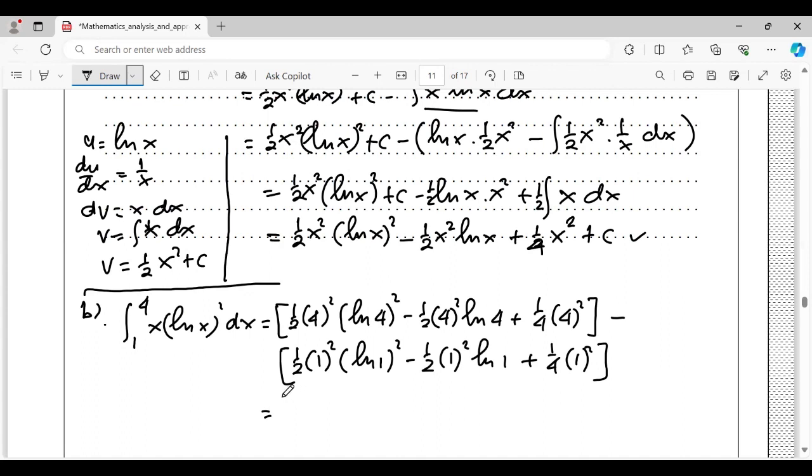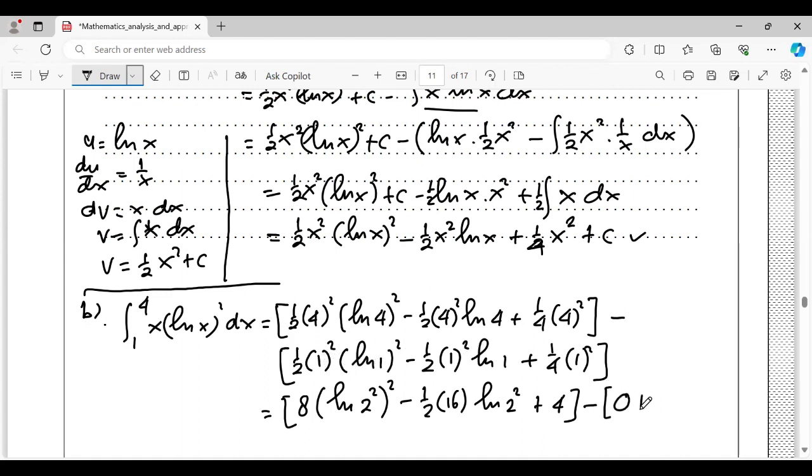It is 16 over 2, 8, (ln 2) squared minus half times 16 ln 2 plus 4, minus, this is 0 because ln 1 equals 0.